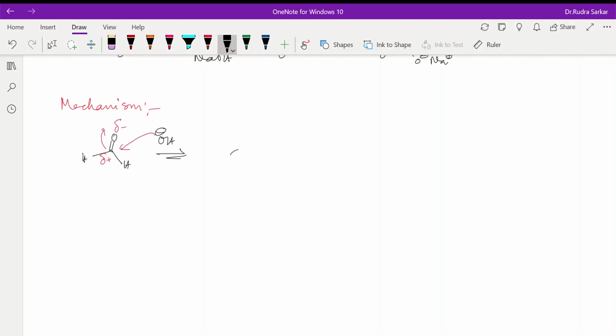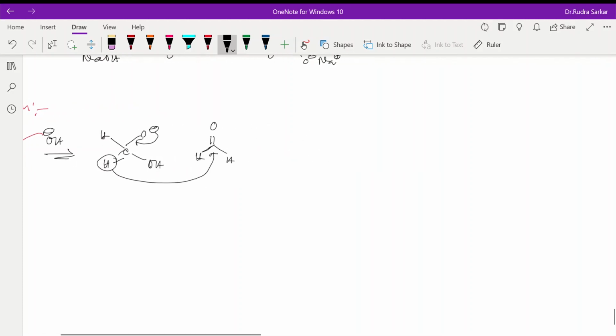Okay. Now at this step a hydride attack can take place at the second molecule of the aldehyde.